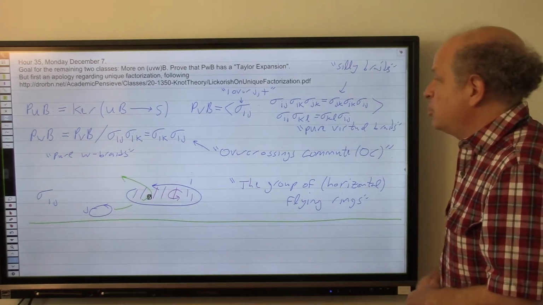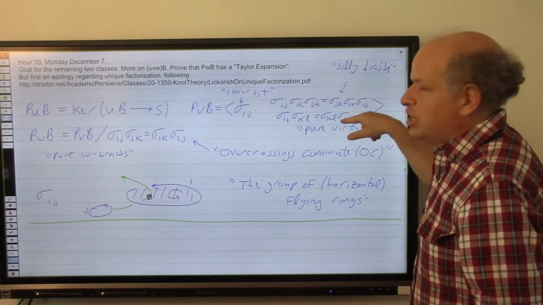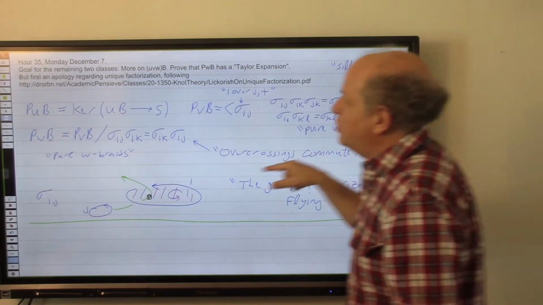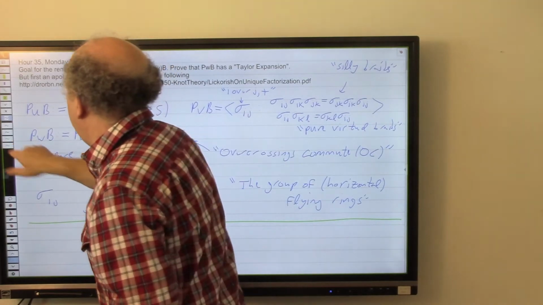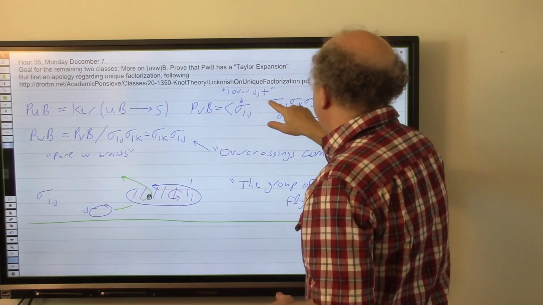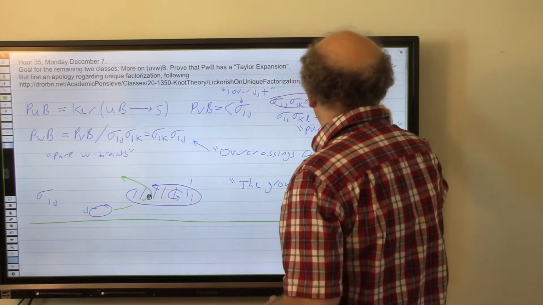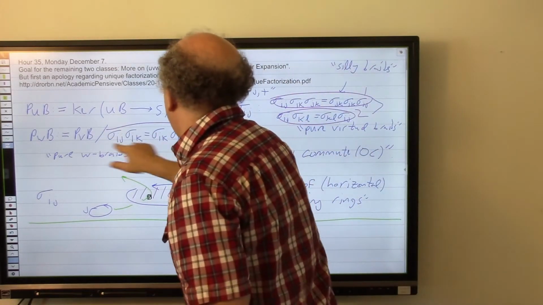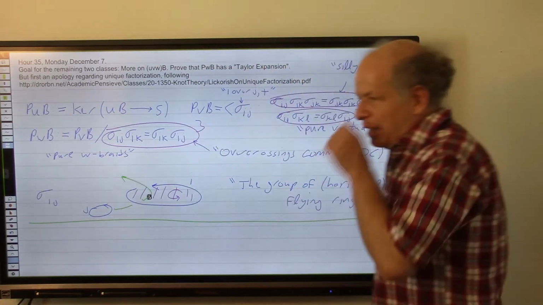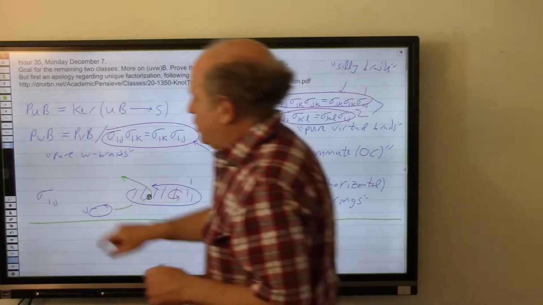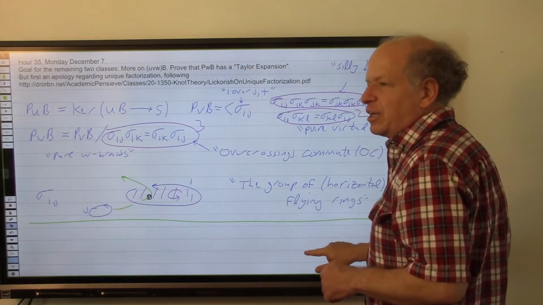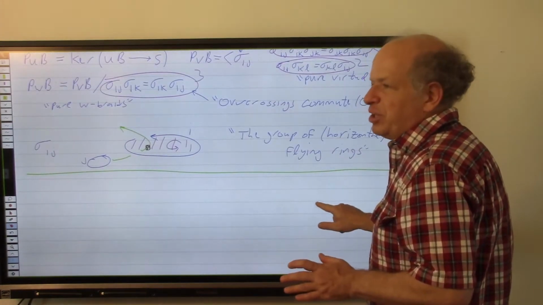It remains to check all relations, so 1, 2, and 3. So let me do it very briefly. Relation 2 is not worth checking, so I will skip it.